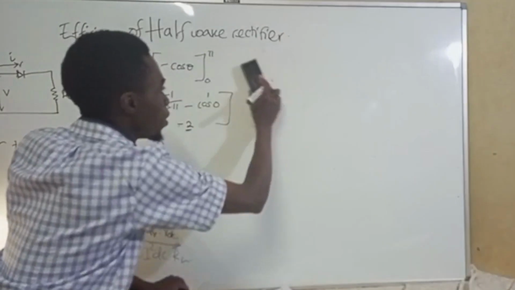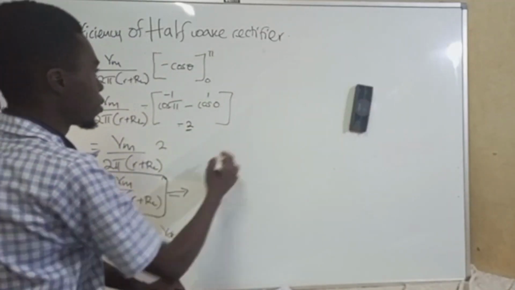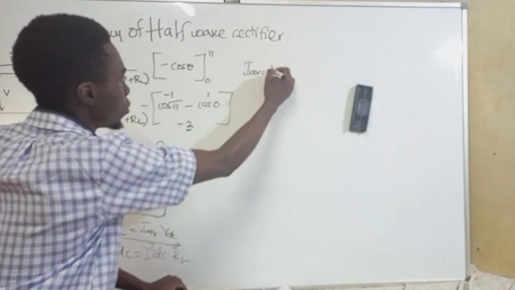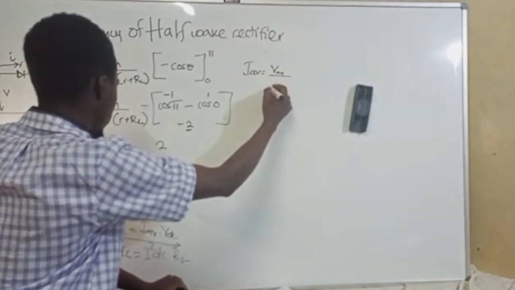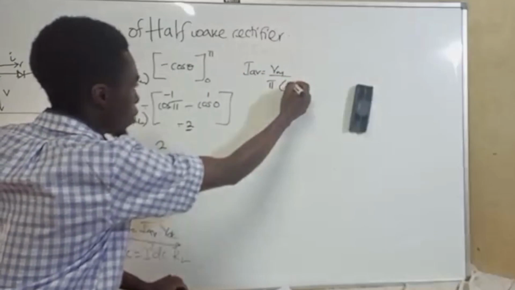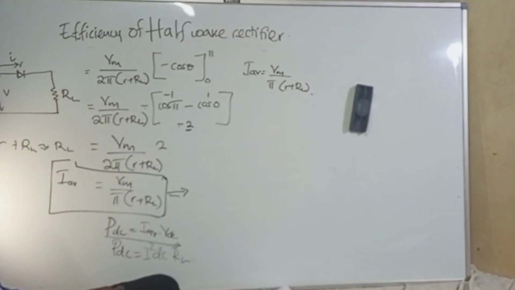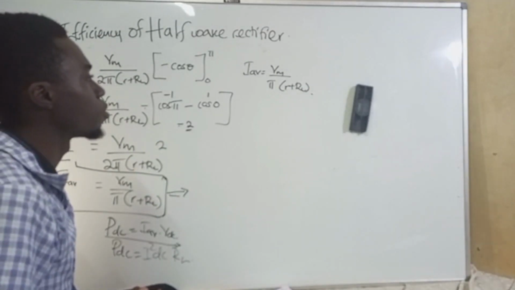I need to explain something about this average value here. This I average that we have got, which is going to be equal to V max over pi into R plus RL, can be related to the maximum value of current.